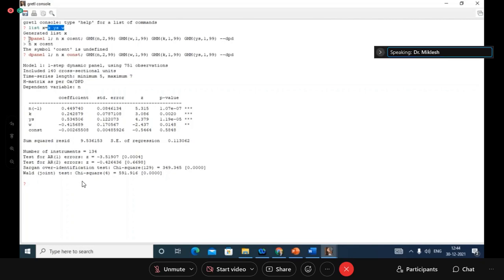So dpanel 1, then semicolon, n means dependent variable, x means independent variables, and then const, because we require the constant value also, meaning alpha value, intercept value. And then after the semicolon, after writing dependent and independent variables, we have to write the instrumental variable.